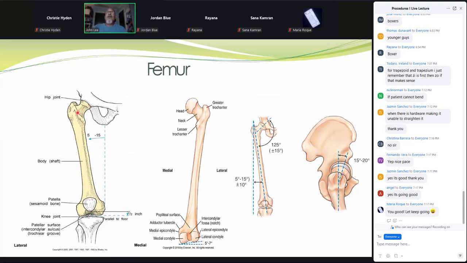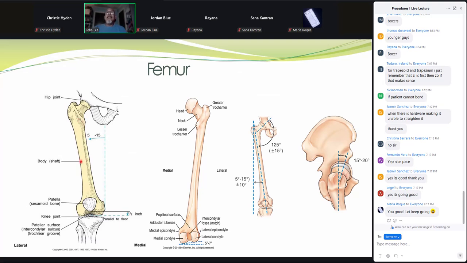Now, as we go distal and come to the intertrochanteric groove and the greater trochanter, there is about a 15 to 20 degree angle. So the femur actually goes posteriorly about 15 to 20 degrees, and then starts on its downward trail.